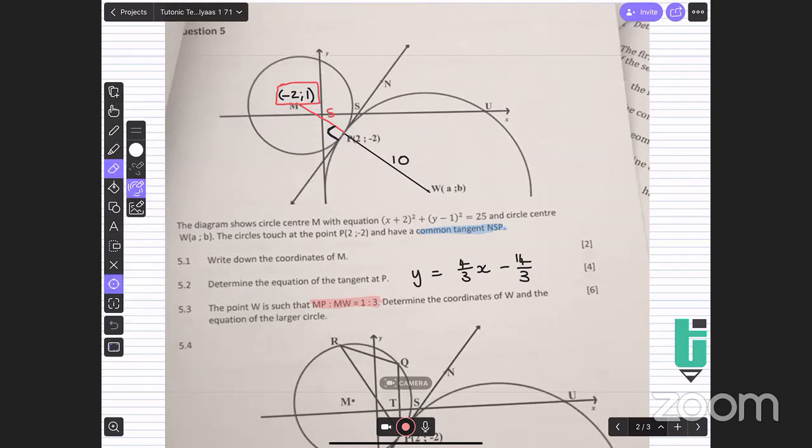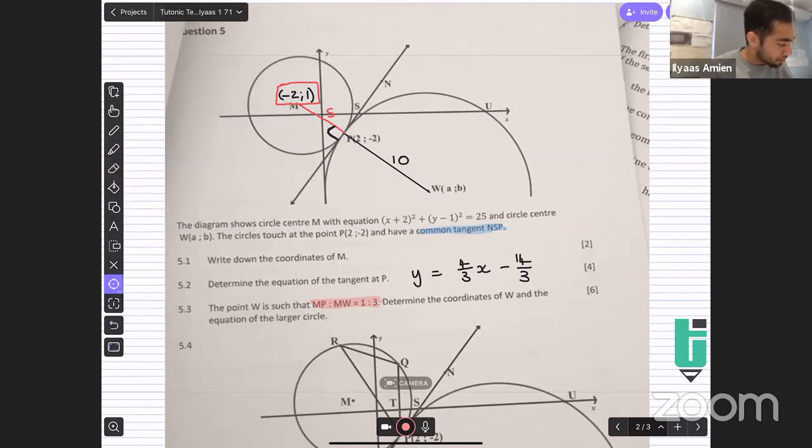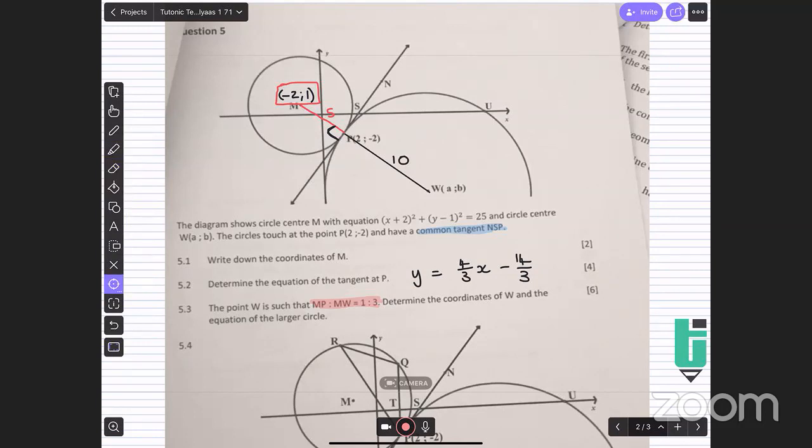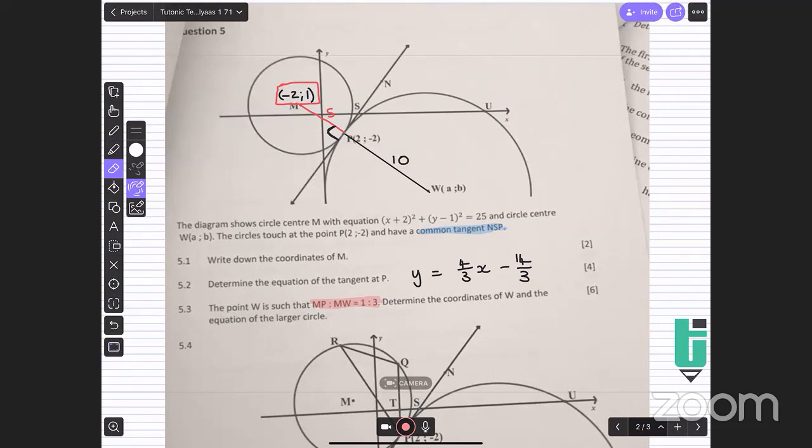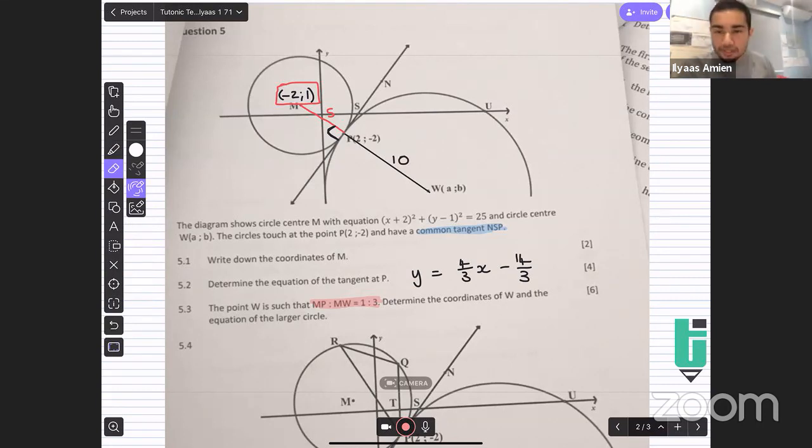And my question to you is, is the gradient of PW the same as the gradient of MP? No. You must explain your answer. Anyone? Gradients are equal if the lines are parallel.